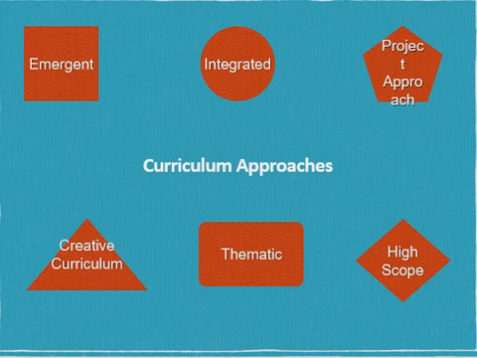Within the text, there are several types of curriculums described, including the following: emergent, integrated, thematic, project, high scope, and creative curriculum. The emergent curriculum is based on the children's interest and is responsive to individual and cultural variations. The teacher develops tentative plans when implementing an emergent curriculum. They adjust and evaluate the curriculum plans as needed.